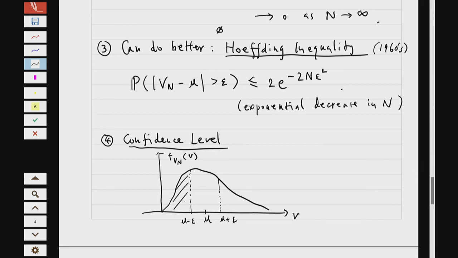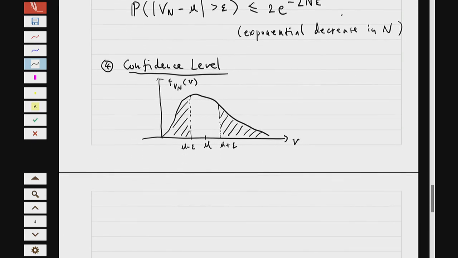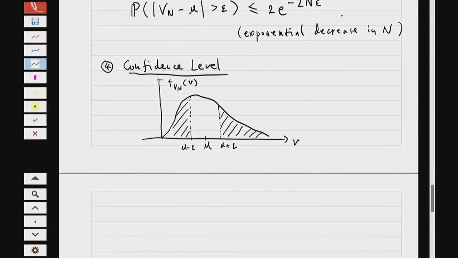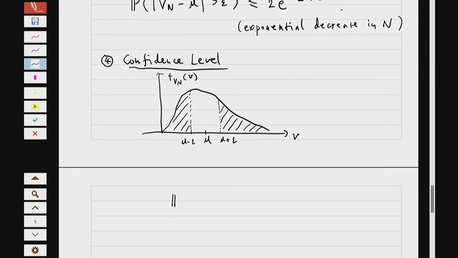What is the shaded area outside this bound? If this is the PDF of the random variable, then the shaded area is the probability that the random variable falls outside of the bound. So this is actually the probability that Vn minus mu is greater than epsilon.